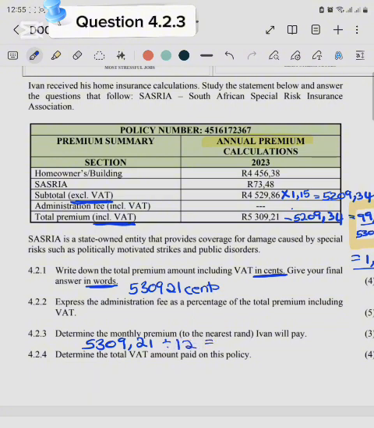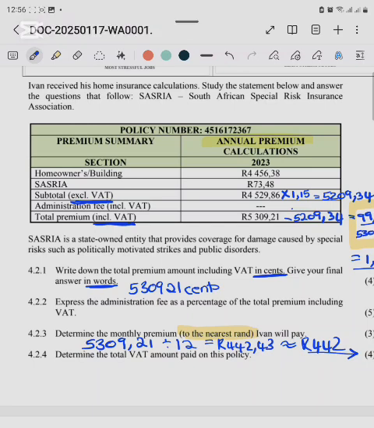And if you divide that by 12, you're going to get to 442.43. But the other important thing to notice here in the question is that it does tell us to the nearest rand. So therefore, I need to round my answer. I always show unrounded first, but afterwards I'm going to say that is approximately 442 rand as a final answer over there.